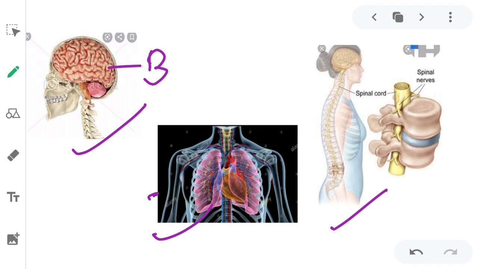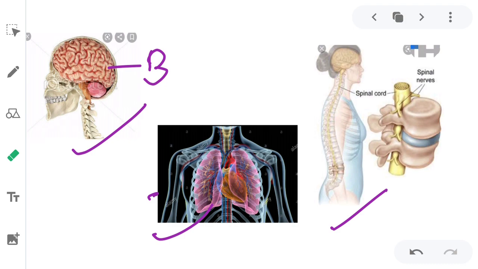Now, moving ahead, when we see the diagram of the backbone, we are able to see the spinal cord, the yellow tube-like structure. This is the spinal cord. And you can see how safely the vertebral column, the vertebrae, have enclosed the spinal cord.